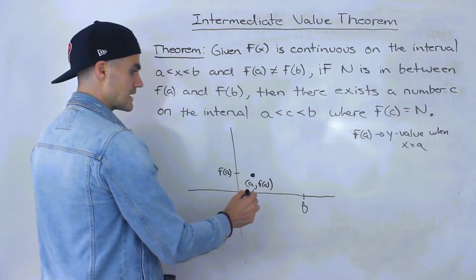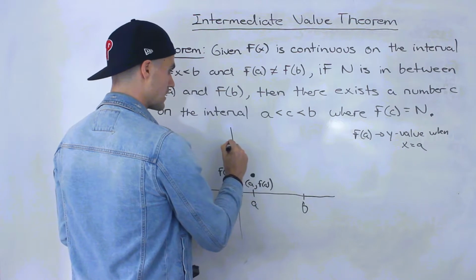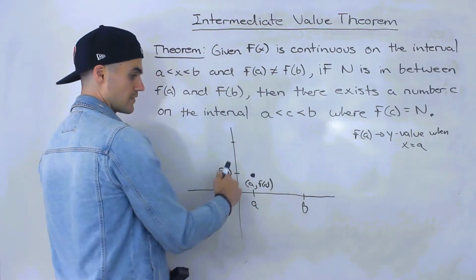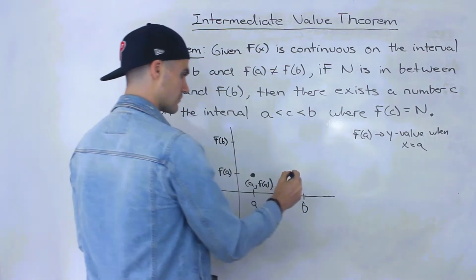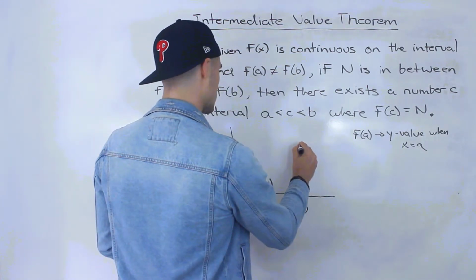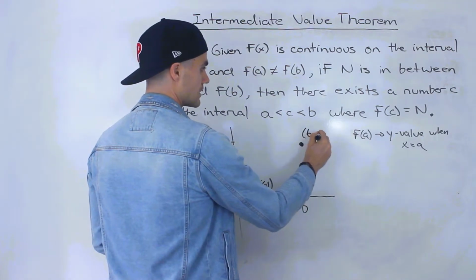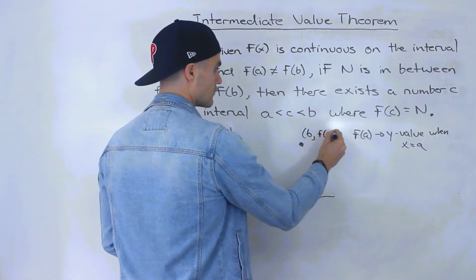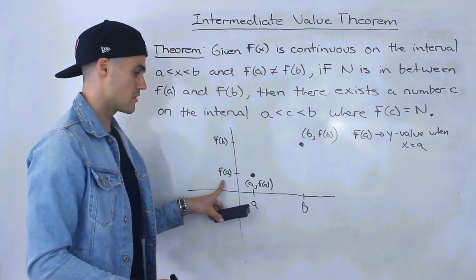And then let's say, remember, f of a and f of b cannot be equal, so let's say f of b is larger than f of a. So let's say it's up here. And so that coordinate is going to be up there. So let's say this coordinate is b and f of b. Now, f of b doesn't necessarily have to be greater than f of a.